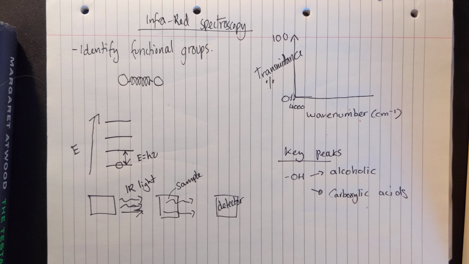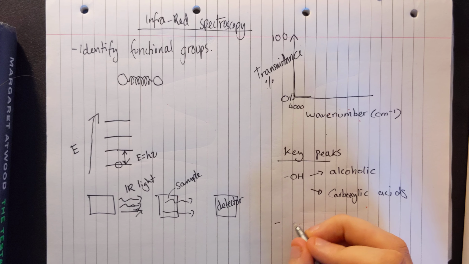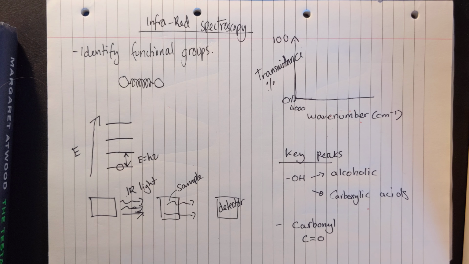They both have an OH group, but they show up very differently and very distinctly in infrared spectra. The other one is the carbonyl group, the C=O double bond. Very distinctive, one of the first things you should be looking for.